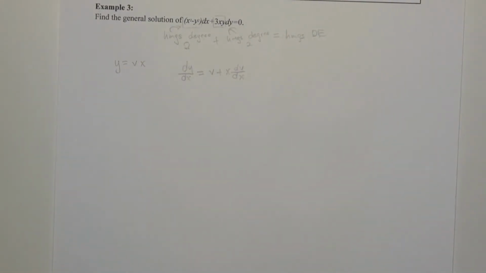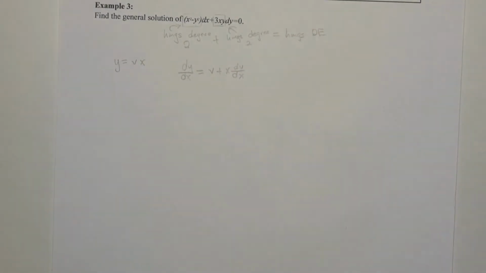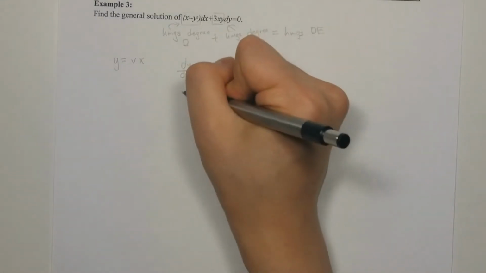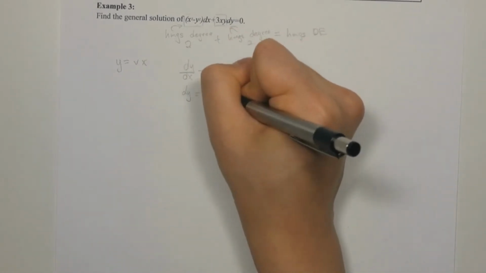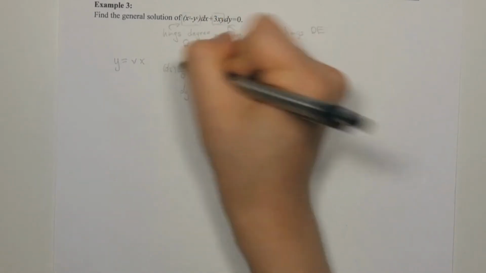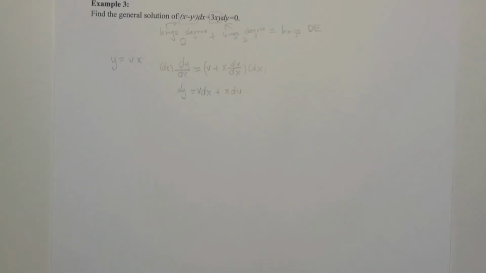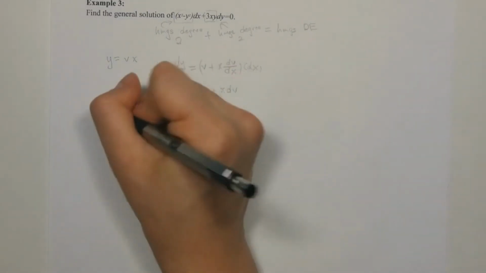Remember that v is a differentiable function of x, so when you take the derivative, v's derivative is dv dx. And we're not just solving for dy dx, we're only substituting out the dy part, so multiply both sides by dx, we'll get v dx plus x dv.